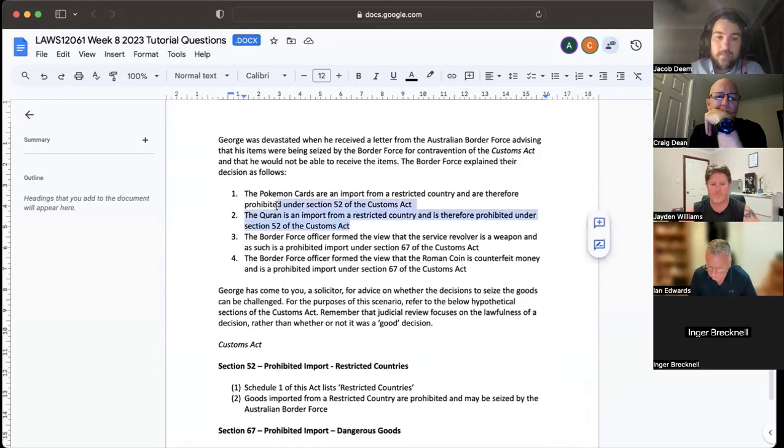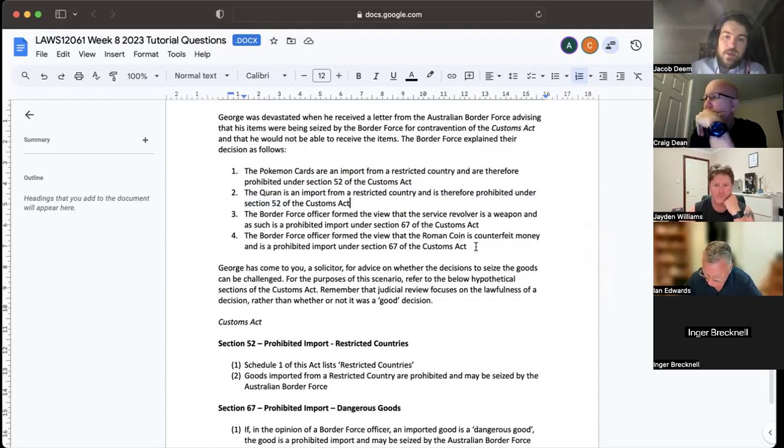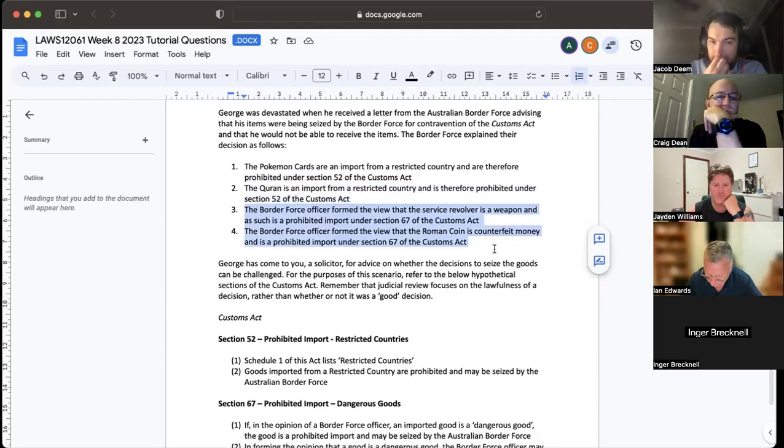So the Pokemon cards and the Quran, Border Force say these are from restricted countries, so you can't bring those in. We're having them. And then for 3 and 4, the Border Force officer formed the view that they're a prohibited import under Section 67.